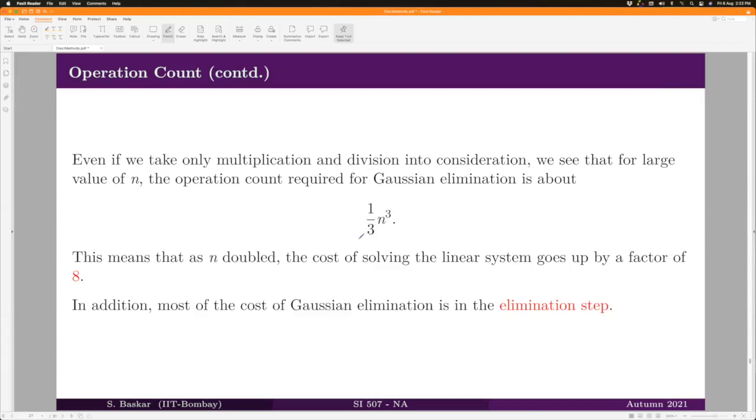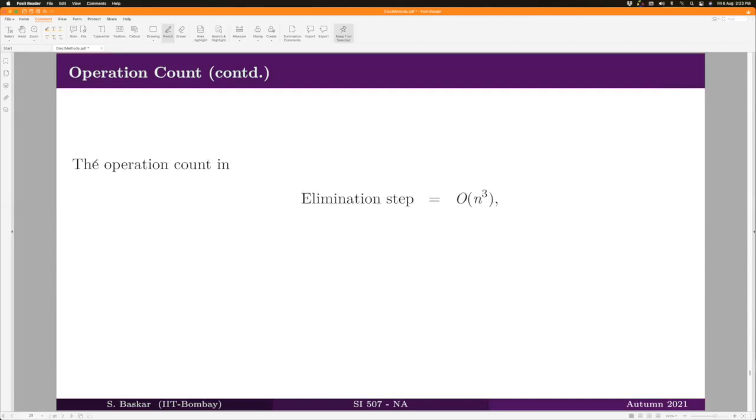And you can see that most of the cost is going into the elimination part. Okay, that is also one of the important points that we have to remember from the Gaussian elimination operation counting analysis. So to summarize, the operation counting in Gaussian elimination method implies that in the elimination step, the number of operations is of big O of n cube.